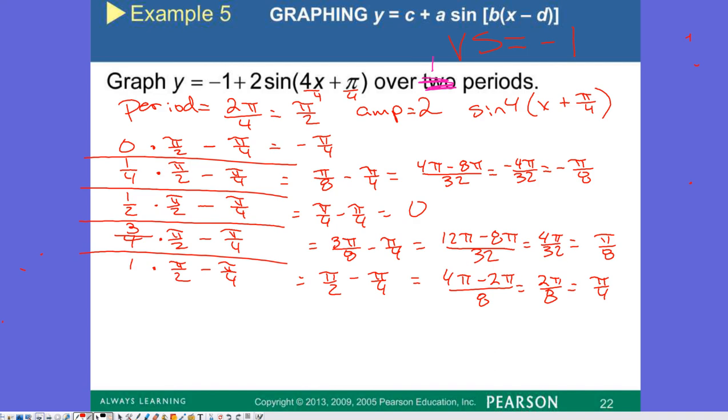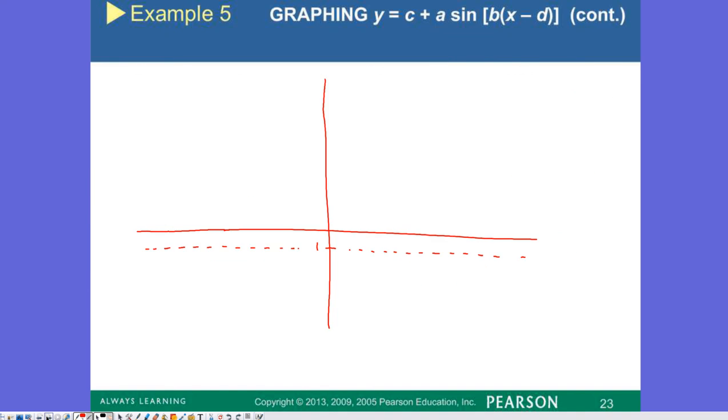My start point was negative pi over 4. Okay, so I'm going to start putting those in. This is negative pi over 4. The next one's going to be negative pi over 8, then 0, and the last one is pi over 4. So I kind of stretched out my graph here on this one.